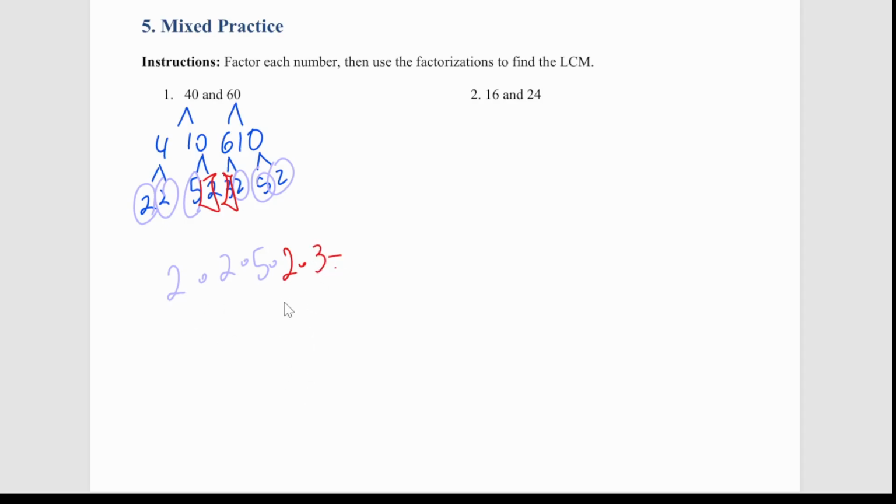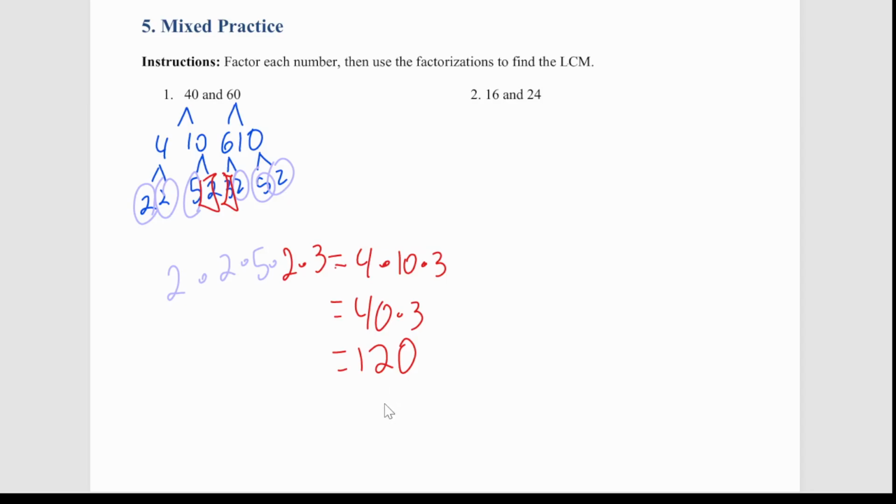So I'm going to multiply all these together, so I get 2 times 2 is 4, 5 times 2 is 10, 4 times 10 is 40. It looks like 120 is their least common multiple.